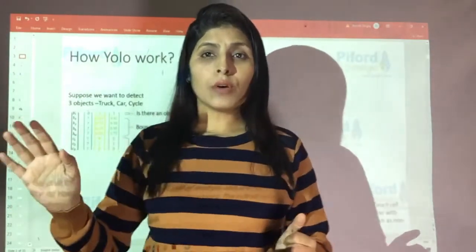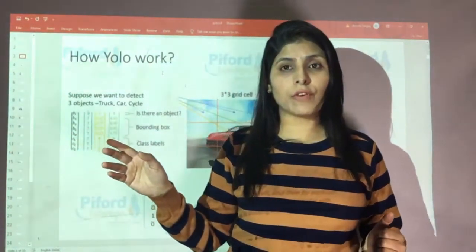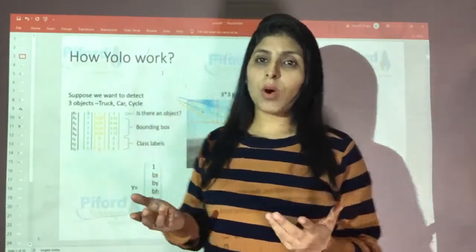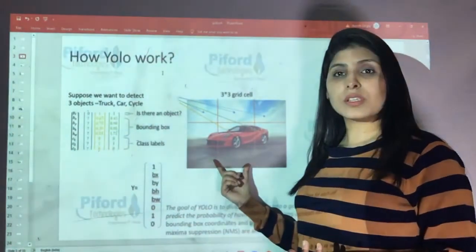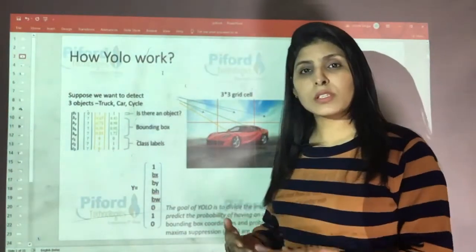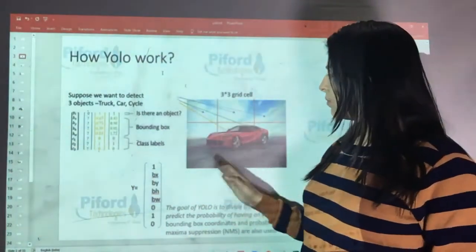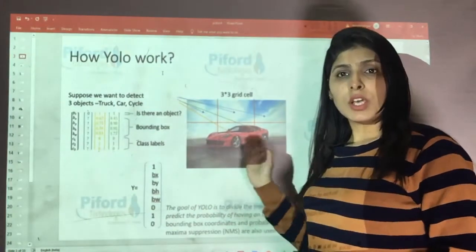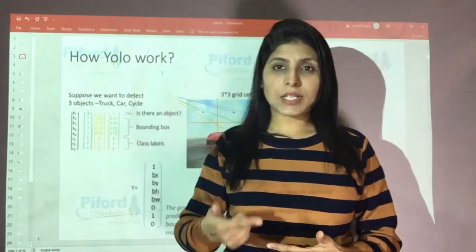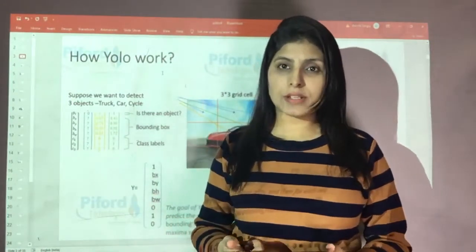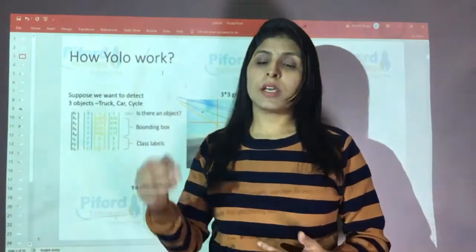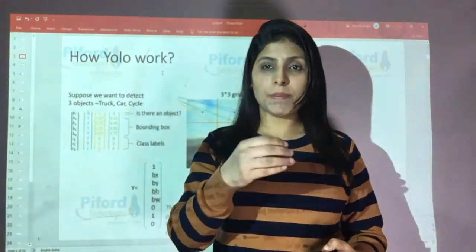Before moving to the functionality of YOLOv4, let's see how the YOLO algorithm works in general. Suppose this is an image. For object detection, YOLO divides this image into cells, and for each cell it predicts the probability of a class. If there is an object, it will predict the probability of a class and will also give us bx, by, bh and bw.